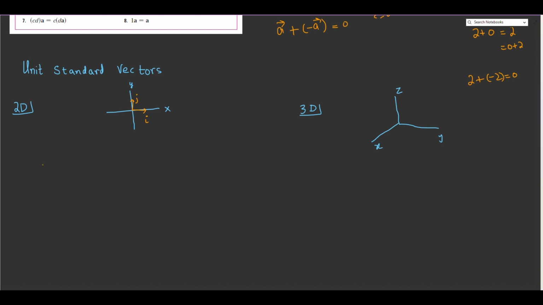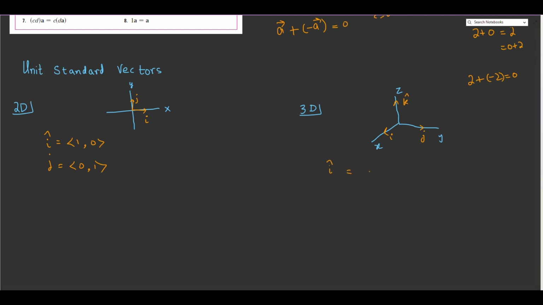So in 2D the vector i has the components 1, 0, and the vector j has the components 0 and 1. And in the 3D case, along the x-axis we have i, along the y-axis we have j, and along the z-axis, meaning in the direction of z, we have the unit vector k.